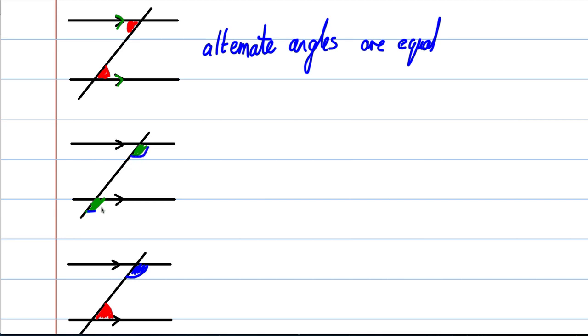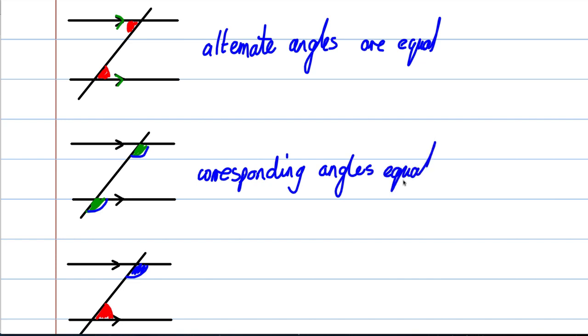Also, these two are the same, and these are corresponding angles are equal. And these two, they're not the same, but they add to 180, and they're called interior angles. So interior angles add to 180. Again, 3 facts you need to know.